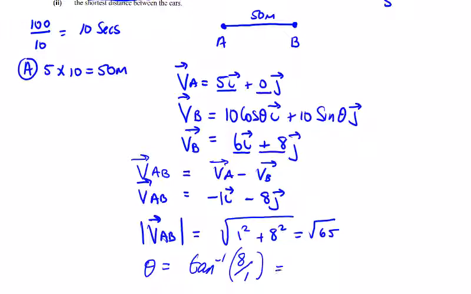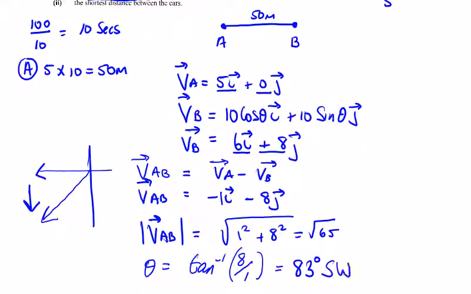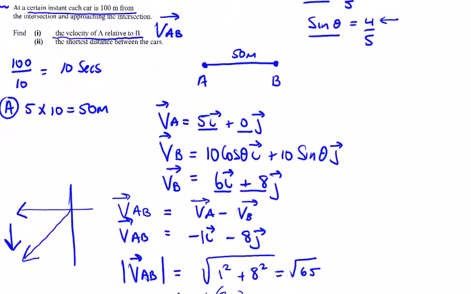And the inverse tan of 8/1 is 82.87. We'll call it 83 degrees. And it's going in the negative direction, so it's going down in this direction, which is, if you want to do your north, south, east, west, that is south of west. Southwest.